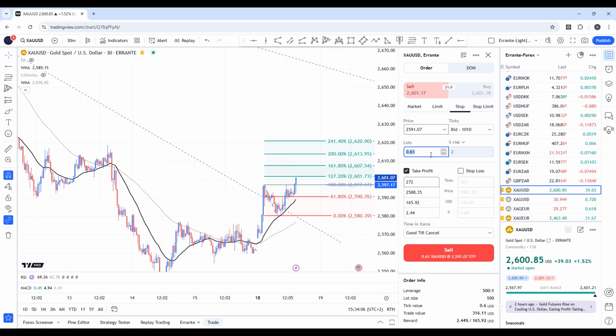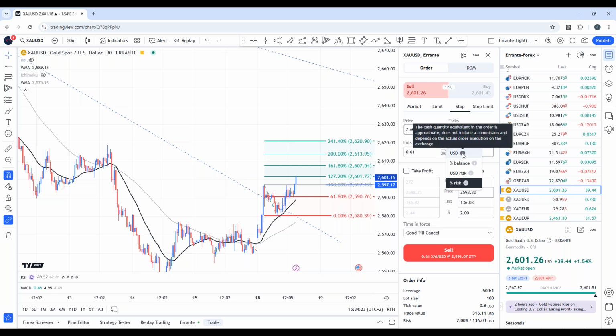For example, here, if you turn on the stop loss, you will be able to set a predefined level of risk. It can be in terms of USD, and please note the cash quantity equivalent in the order is approximate. It doesn't include the commission, or depends on the actual order execution, but it can give you a very clean picture of how much we're going to risk.